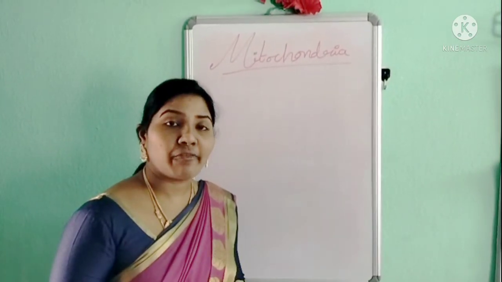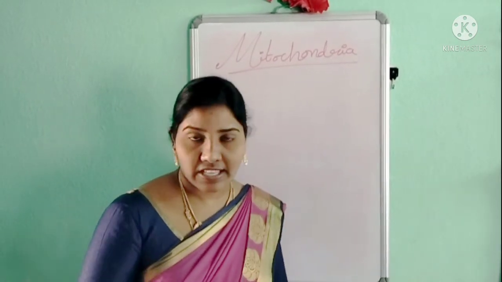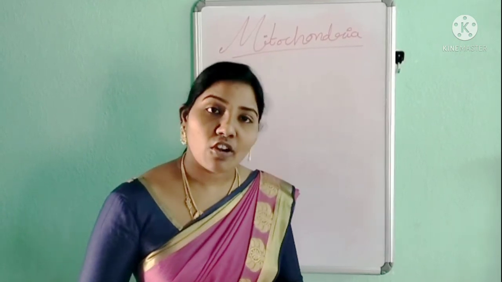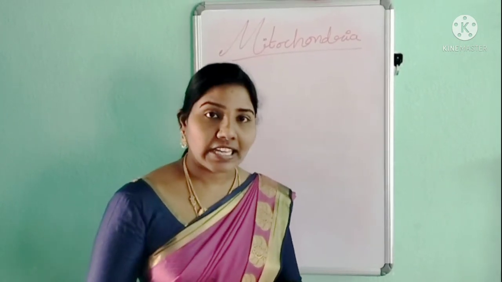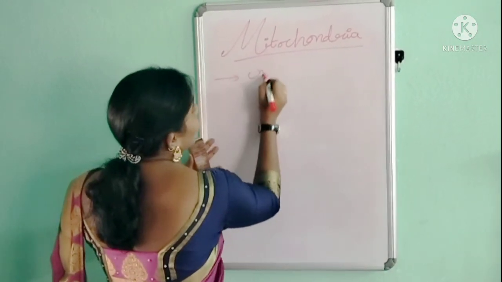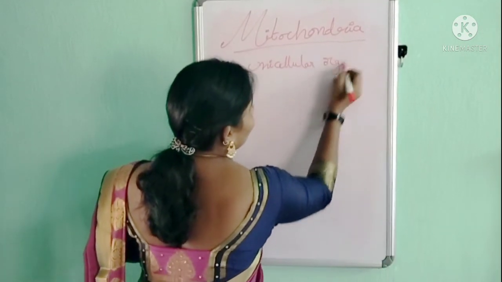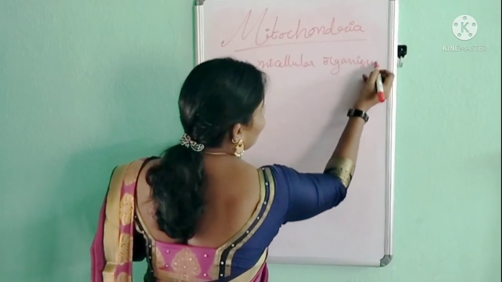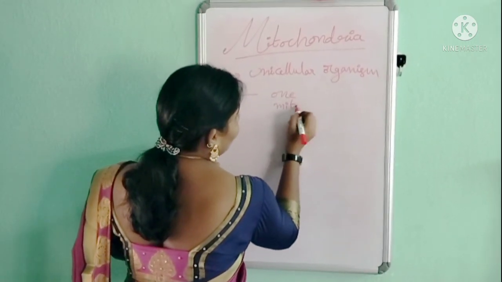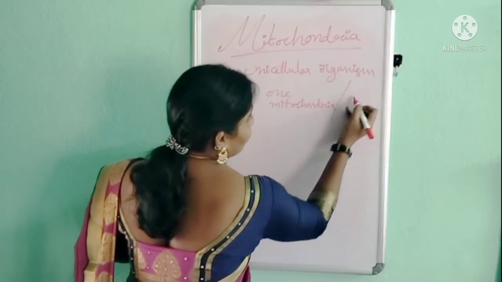Coming to the number of mitochondria. The number of mitochondria varies from cell to cell. In unicellular organisms, a single mitochondrion is present per cell.